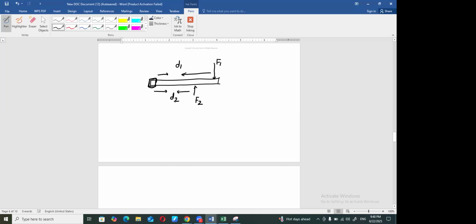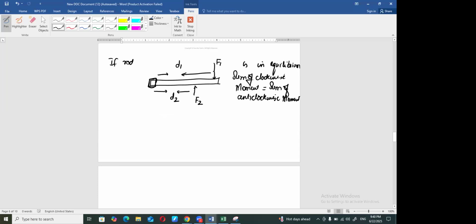Now, the equilibrium condition says, and we are saying that if this rod is in equilibrium, it means the sum of clockwise moments is equal to the sum of anti-clockwise moments, right?